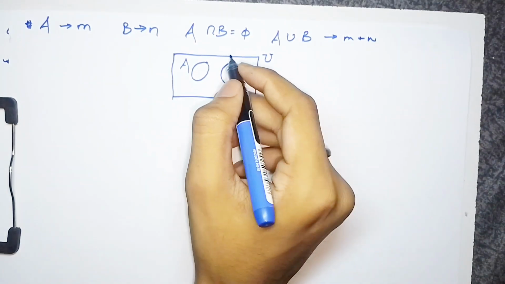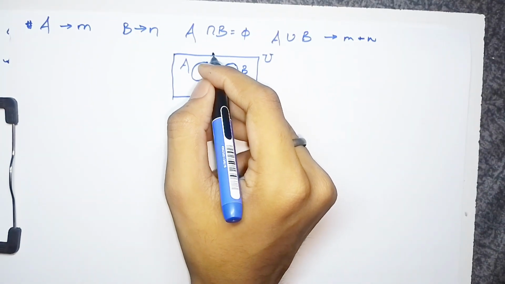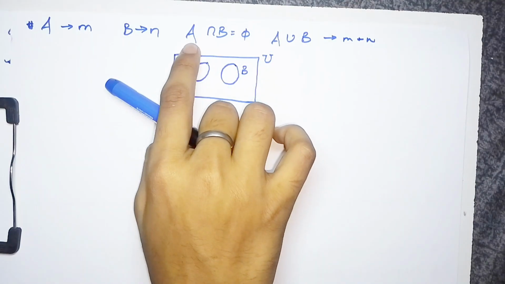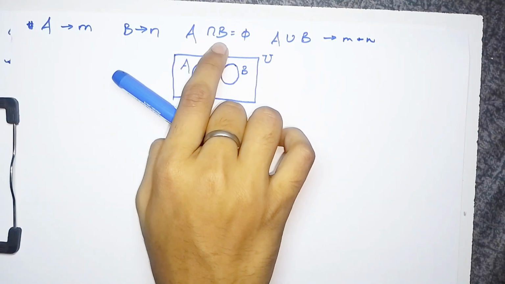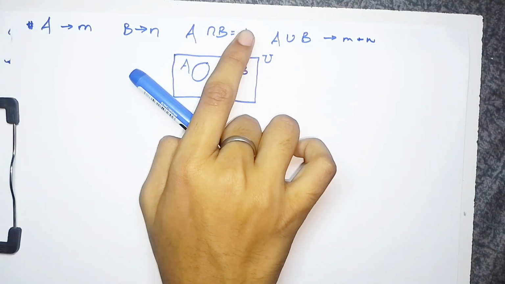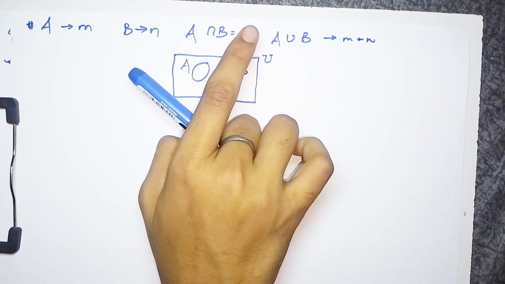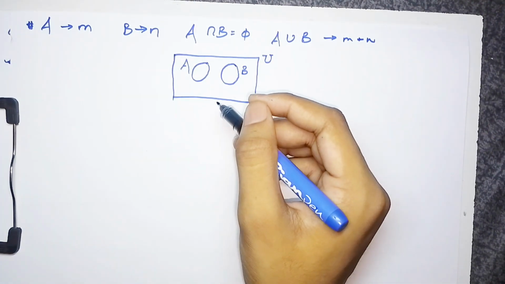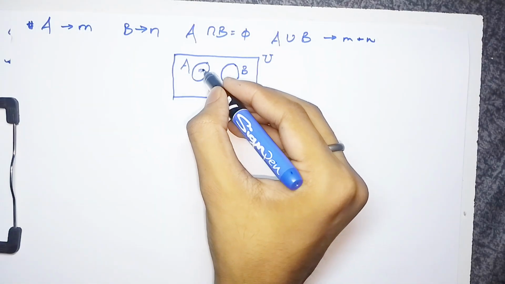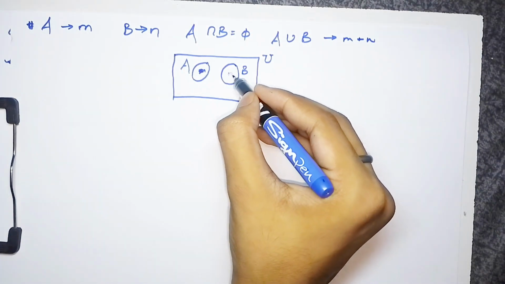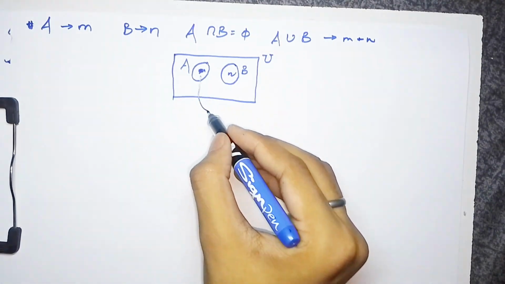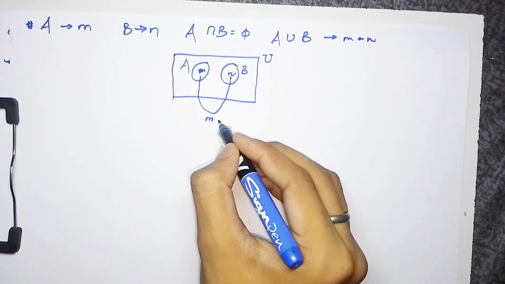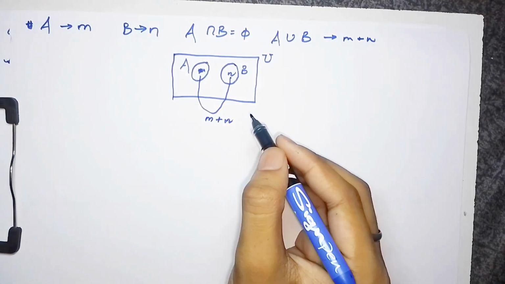Why like this, and why not making it intersect with A? Because here we have been given that the intersection of sets A and B yields phi, that is an empty set. So A and B have no intersection between them. Now A has m elements and B has n elements. So the number of elements in A union B would be m plus n. I hope that it's clear till now.